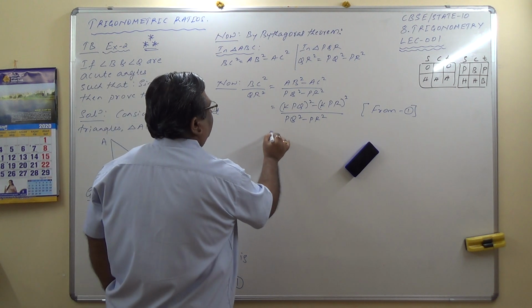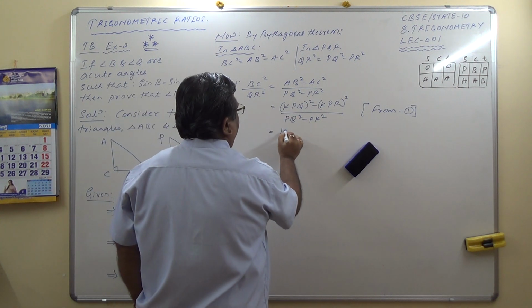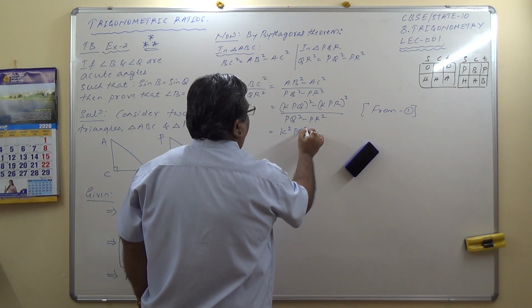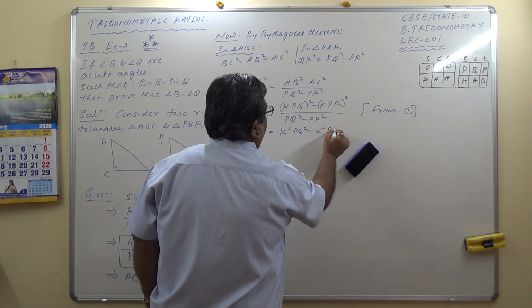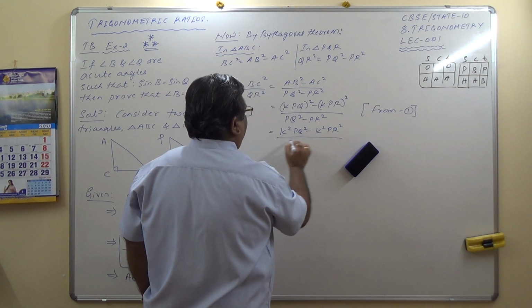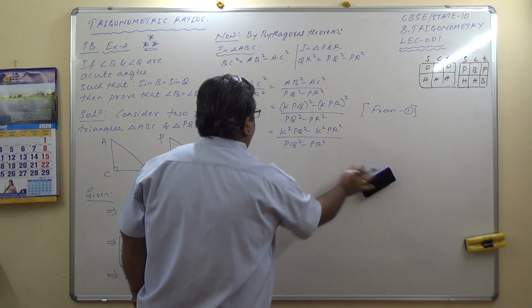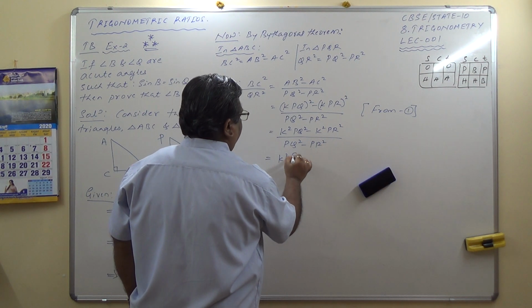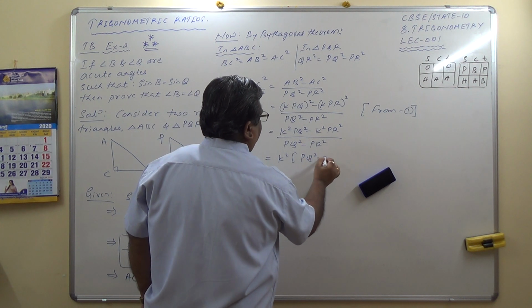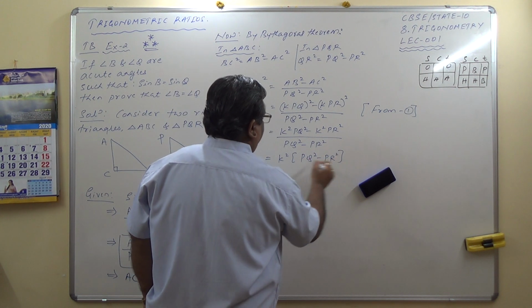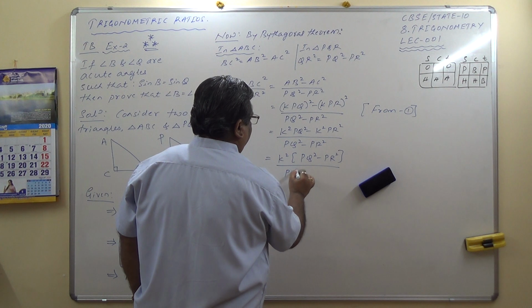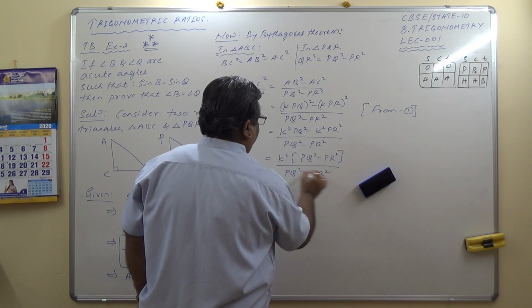Now this equals K square PQ square minus K square PR square, the whole divided by PQ square minus PR square, which equals K square into bracket PQ square minus PR square, the whole divided by PQ square minus PR square.